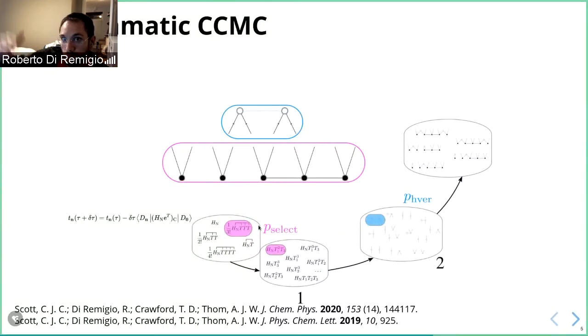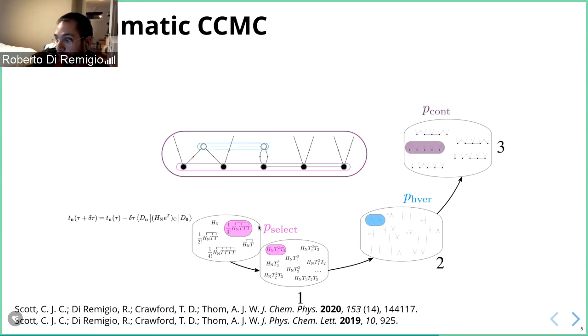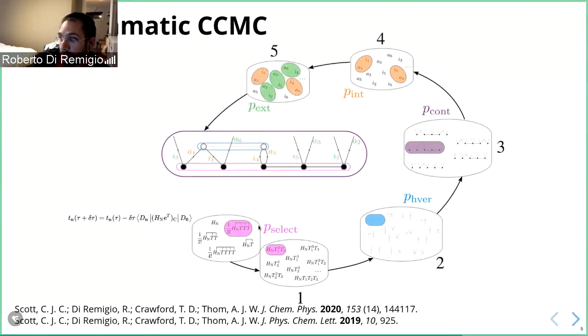Once we have these two upper and lower parts, there's a limited number of ways we can contract them together. With the contraction, we can select which summation indices for the contracted vertices and which indices will be the external vertices.